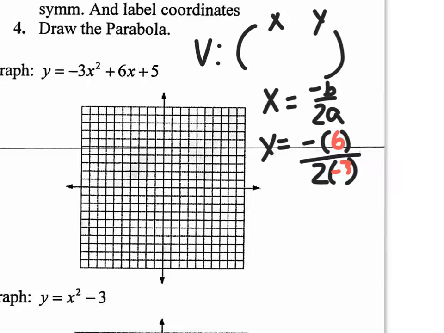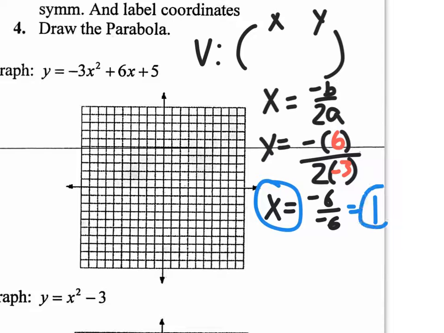So put a negative 3 down here for the a value. So what do I really have? I have negative 6 over what? Negative 6, correct? So I really have x equals negative 6 over negative 6. Ladies and gentlemen, what is that? That's 1. So x equals 1.